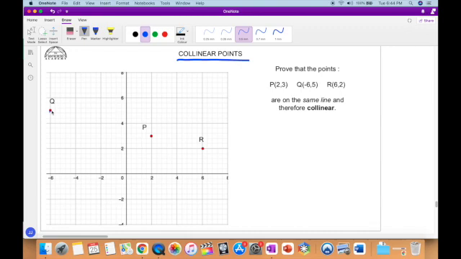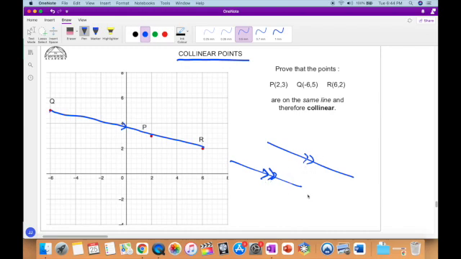So yeah. If these guys are on the same line, then they would be going in the same direction. And what do we know about vectors that are going in the same direction? We call them parallel. And how do we prove if two vectors are parallel?